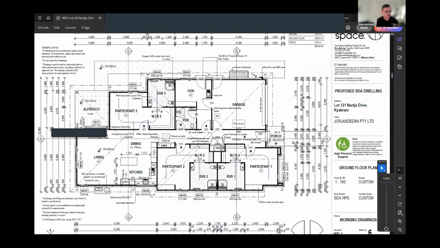So this one's a high physical support dwelling down in Victoria. What I wanted to speak into in this one, when we get to a group home model, which this example is, at high physical support, we tend to find that participants become more inclusive of their own individual spaces as opposed to living together.